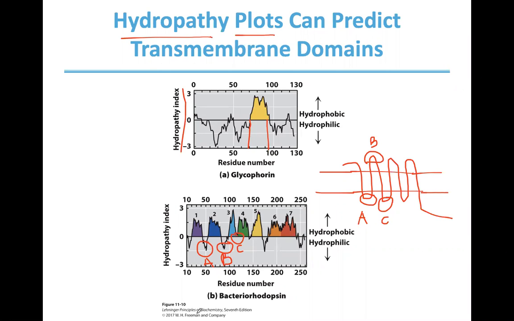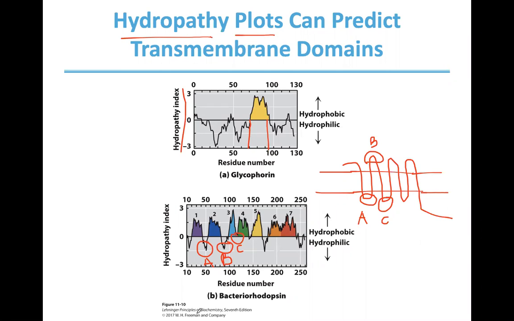So for the alpha helix, when we talked about different amino acids being parts of the alpha helix, we talked about amino acids interacting with each other, and not so much with the aqueous medium.